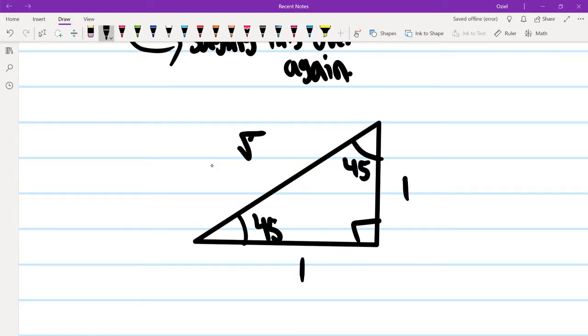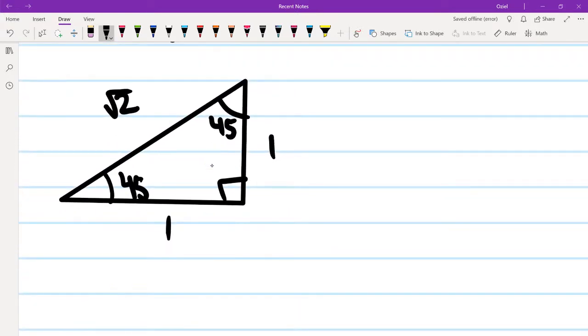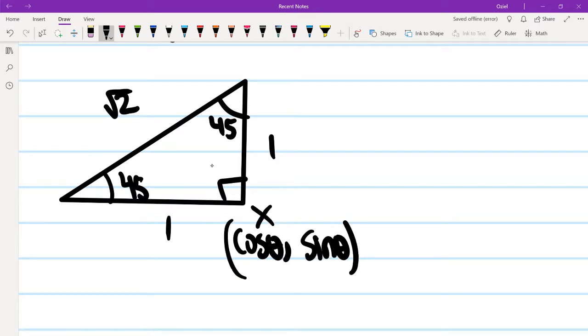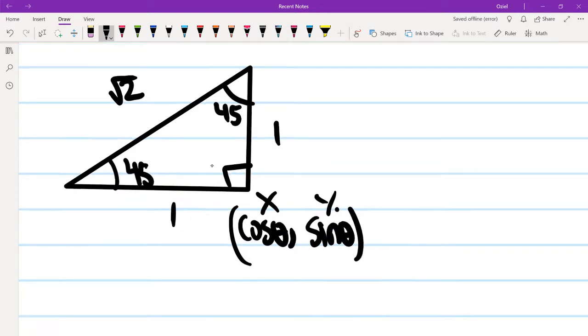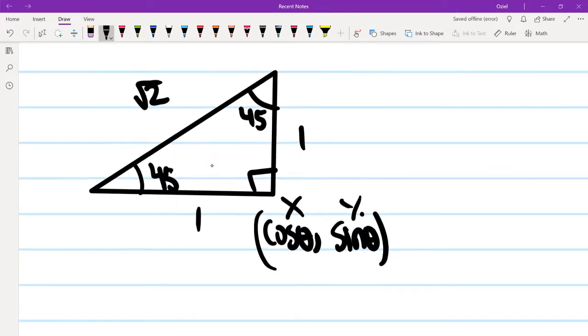You would say cosine of theta, comma, sine of theta, since this is x and this is y.